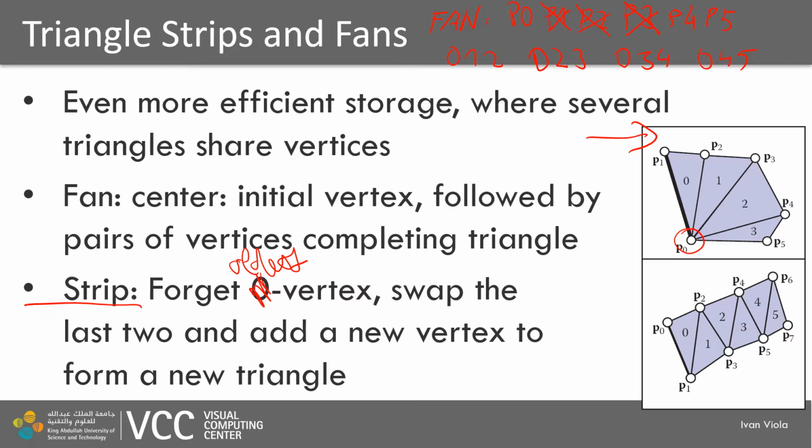So in this case, we have our strip P0, P1, P2, P3, P4, P5, P6, P7, and with this strip we are defining the following triangles: 0, 1, 2, based on these three.